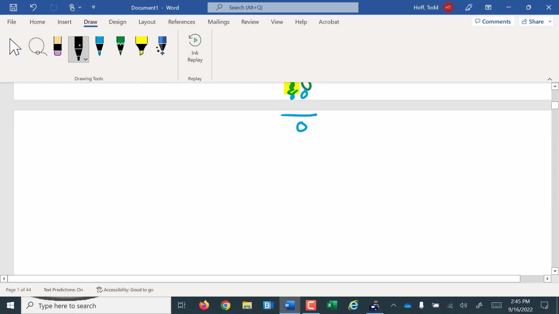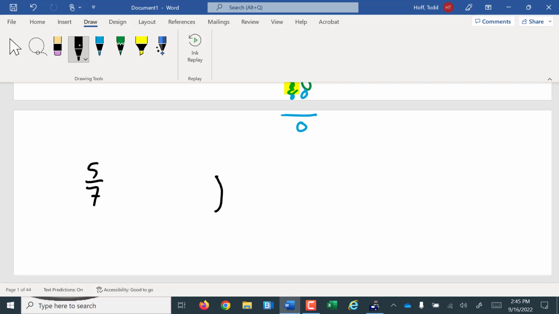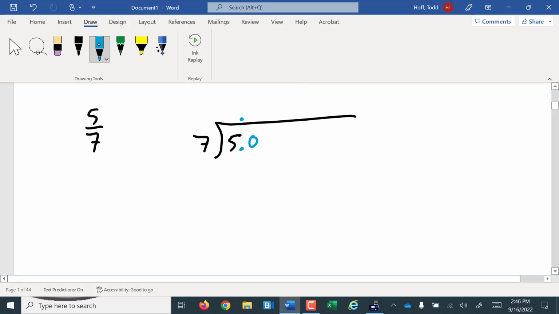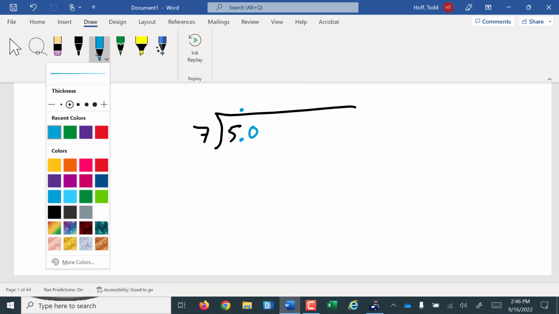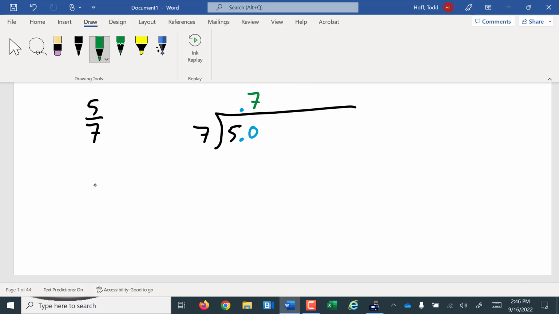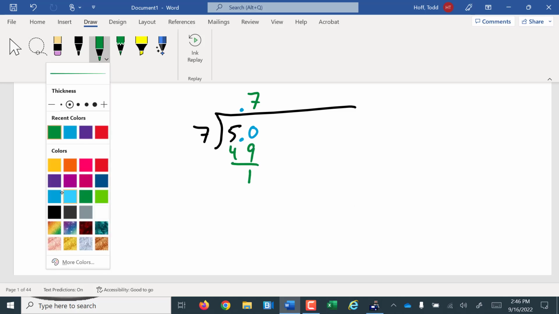If I have 5/7, and I go to divide that, 7, oops, wrong way, 5 divided by 7. Of course, 7 does not go into 5, so we add the decimal point and a 0. 7 into 50, 7 times. 7 times 7, 49. 1 left over.